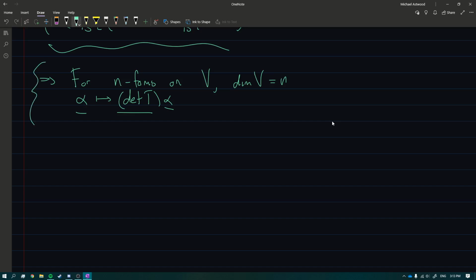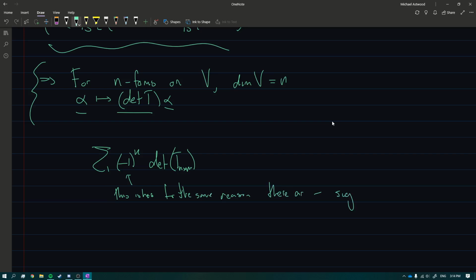And of course this ties the determinant to the wedge product. You've probably seen the formula for the determinant in terms of -1 to the k times the determinant of the n by n minors of k, and then you sum over that. So this -1 here is really because of the wedge product formula. So this is here for the same reason. There are minus signs in the wedge product.